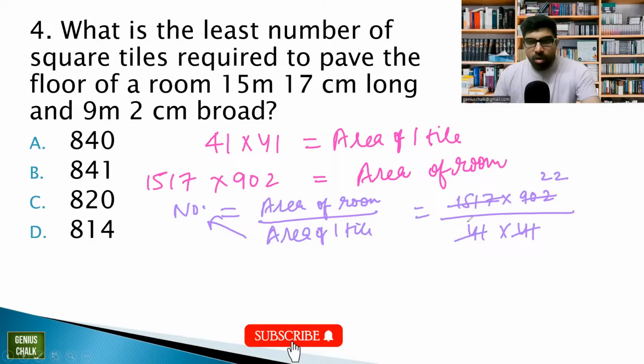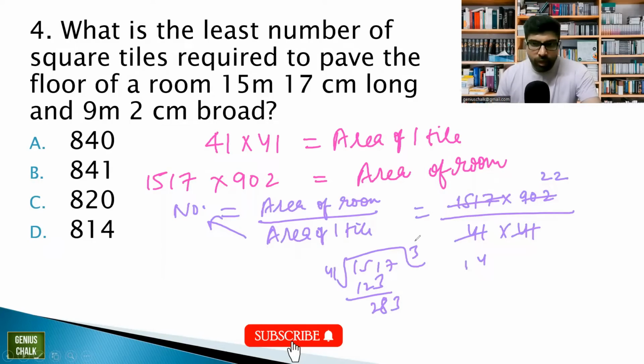Now 1517, let's cancel it by 41. 41 threes are 123, 3 fours are 12. So this is 283. Now 3 comes when?